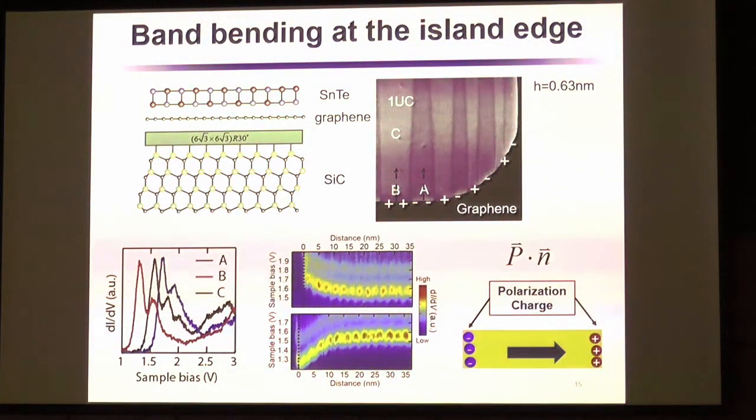That means there's a polarization charge. This polarization charge will give this bending effect. However, we know the bending directions, but we don't know what the polarization directions are. So this is a little bit challenging for us.